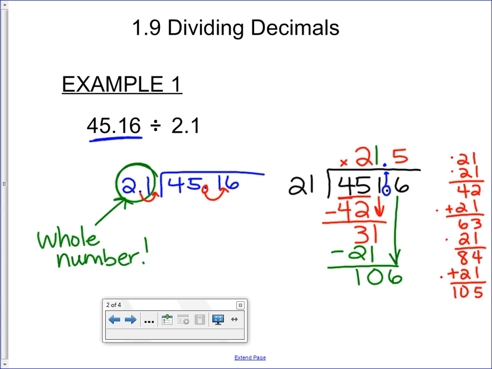And 21 times 5 is 105. So we subtract to see how much is left over, and we get 1. Okay, so we have 21.5, and we're going to take that 1 and still make a fraction with it. Okay, so we will end with an answer of 21.5 and 1 over 21.